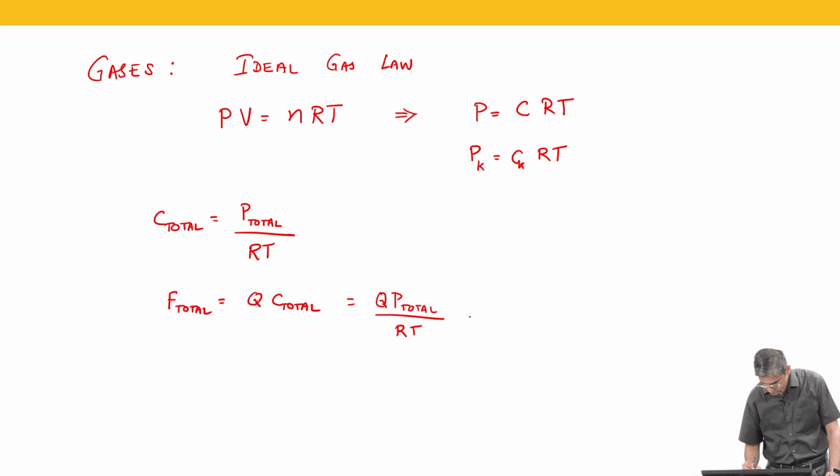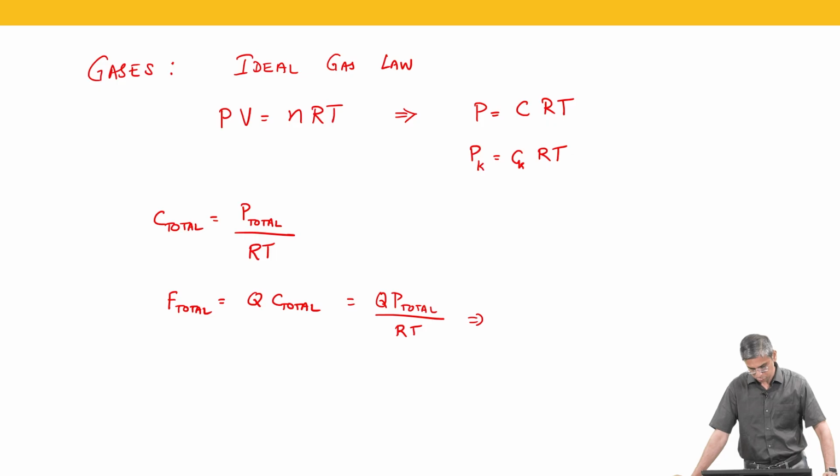How? F total is something that you can calculate, P total you get from dP by dz, temperature you get from your energy balance equation, and therefore you can get Q. Okay, if you get Q, you will be able to then calculate your C.